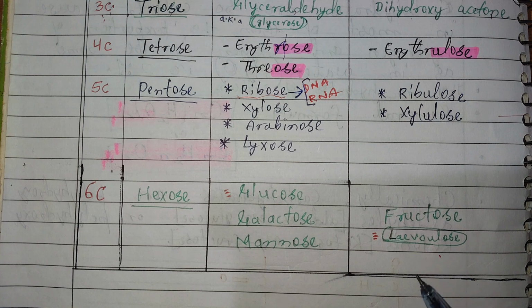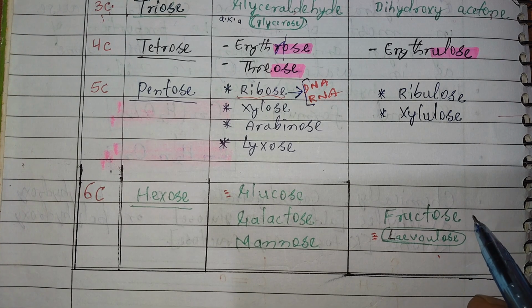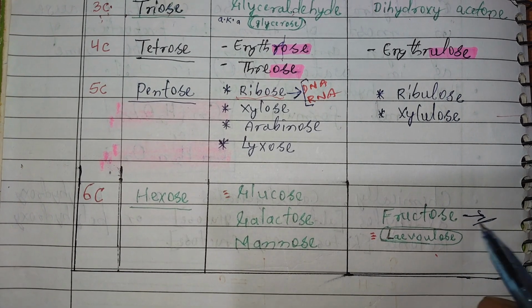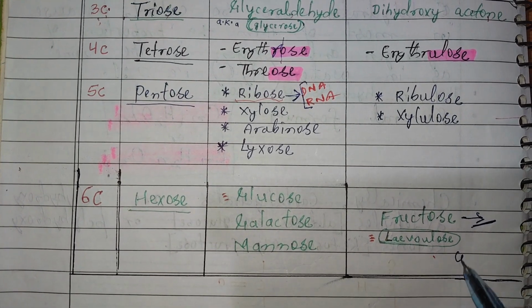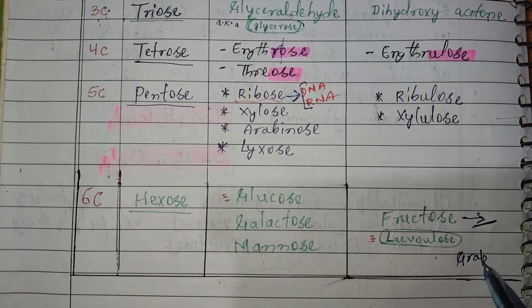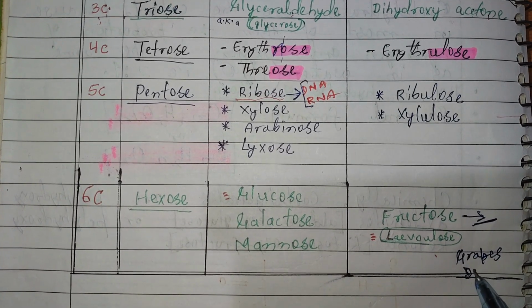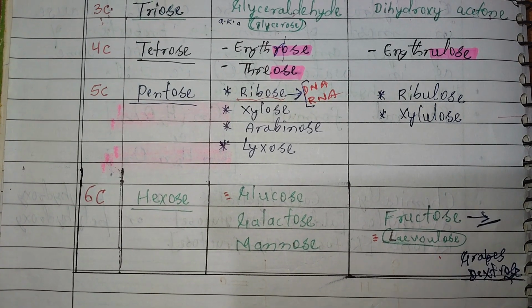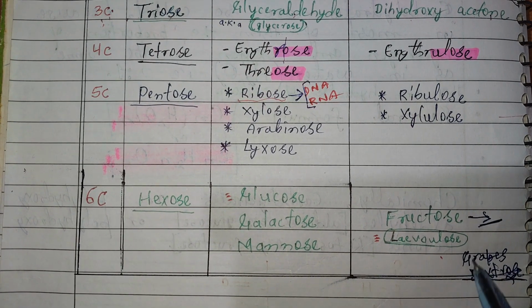Fructose is the most abundant sugar found in fruits, generally excluding grapes. In the rest of the fruits, the sugar responsible for their sweetness is fructose, but in grapes we have dextrose in abundance. Dextrose is also known as glucose.